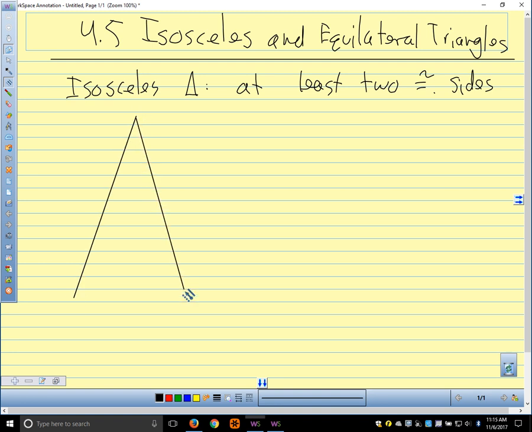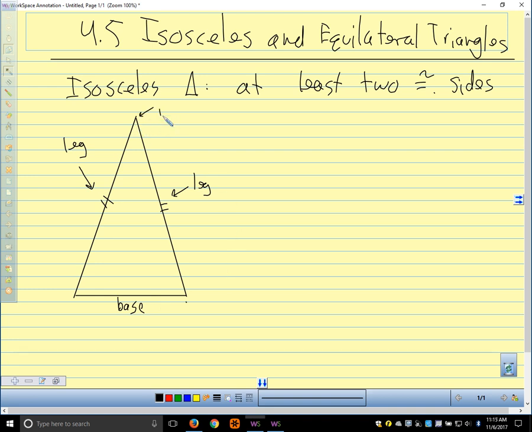This is the most common way that we think about isosceles triangles, with two long sides, and those are congruent. We call those congruent sides legs. So that's a leg, and that's a leg. The other side is the base. Up here where the two legs meet is the vertex.